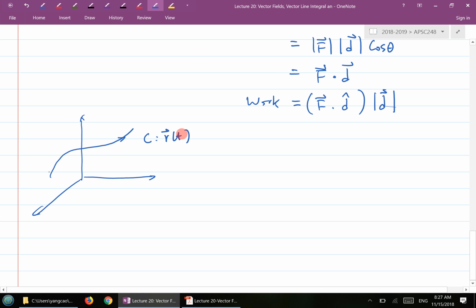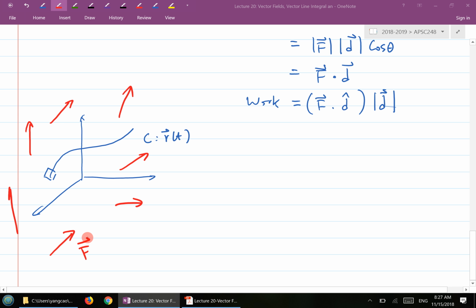And moreover, let's say we have a small mass starting from this location. More generally, we're placing this small mass m within a force field. So you have a field of force in 3D space. I don't know exactly how it's going to be, but there's a field of force existing everywhere in the 3D space.